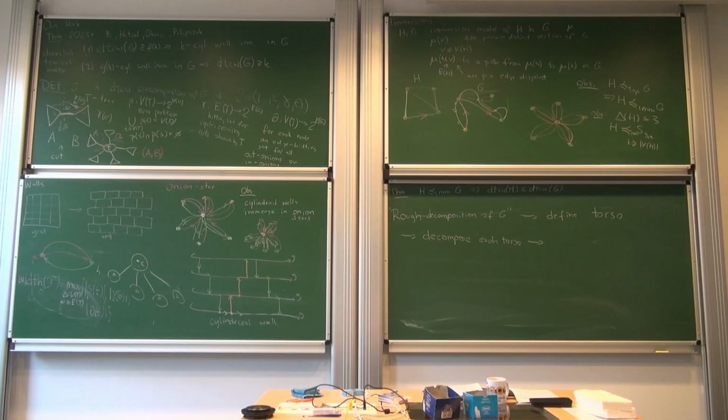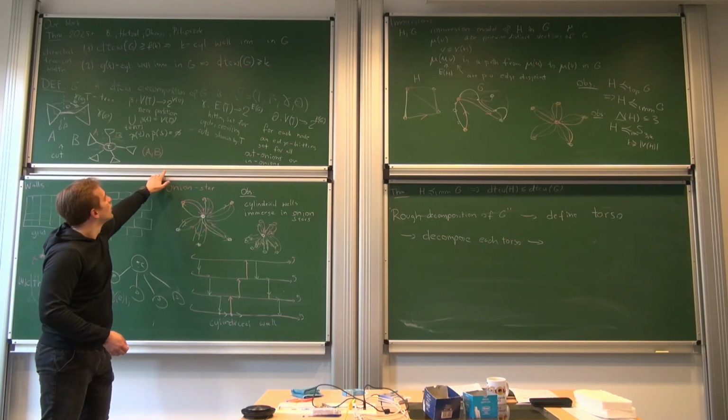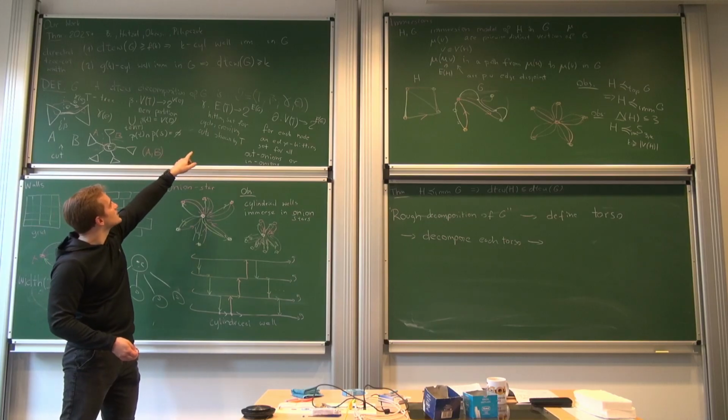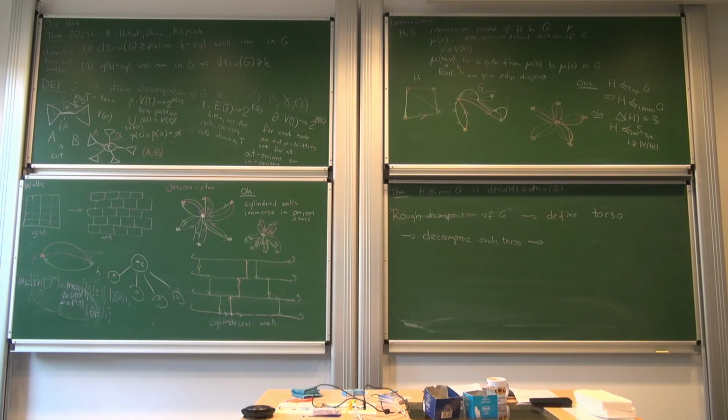If we have no cylindrical wall immersion, there is no cylindrical wall minor. So we can apply the directed version of the grid theorem and get the directed tree decomposition. I have not defined to you what directed tree width is, but the way to think about it is that you have a decomposition where instead of arc hitting sets, you have vertex hitting sets.